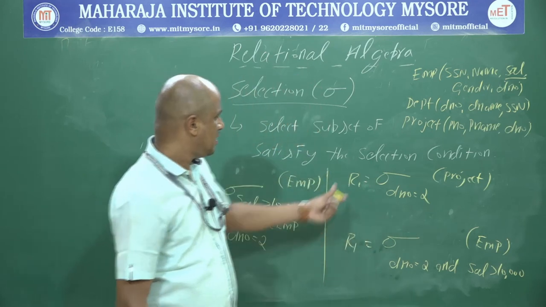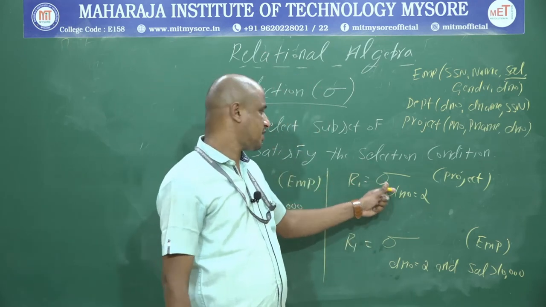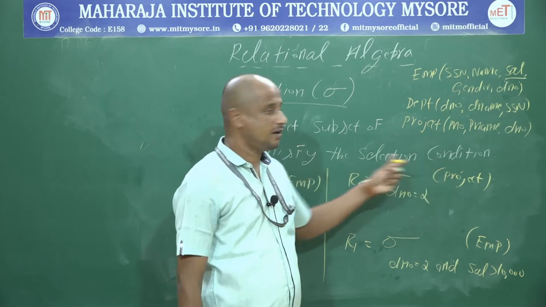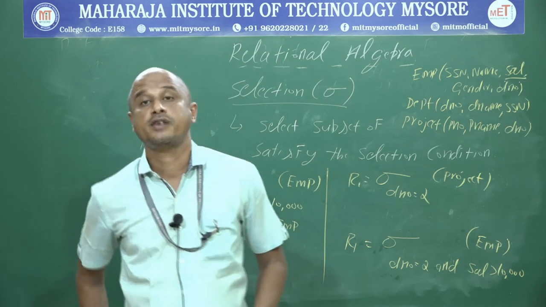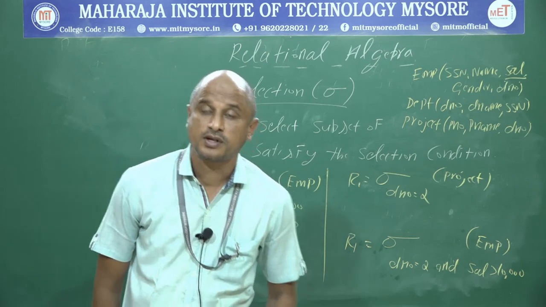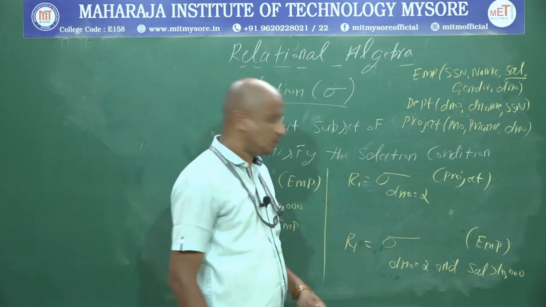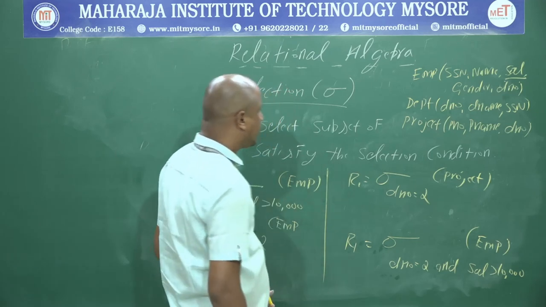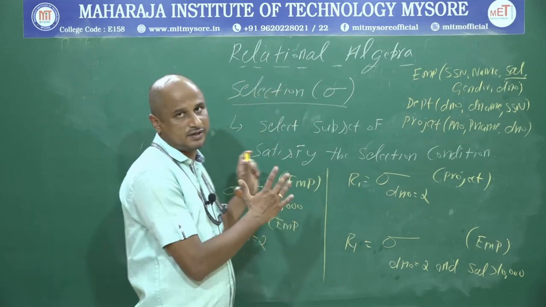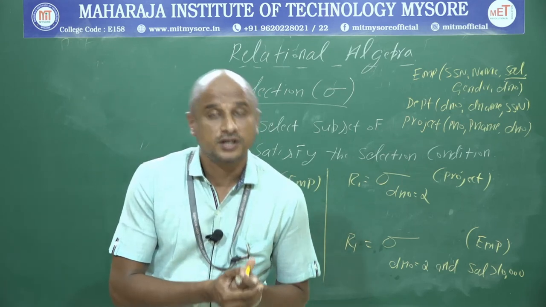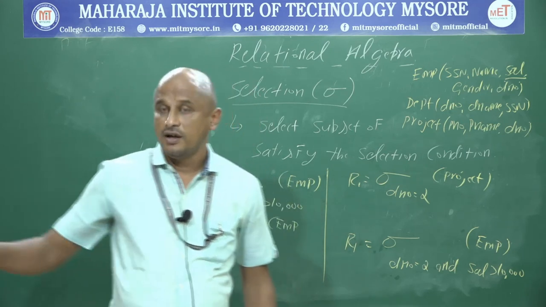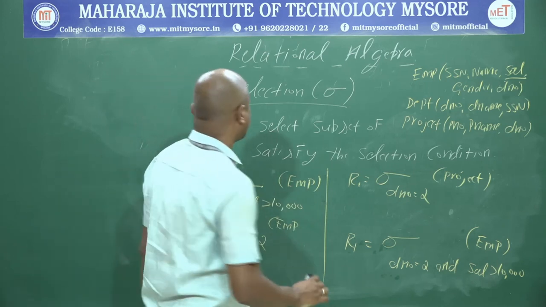With the specified selection condition, department number 2 from the project table, R1 retrieves the project details of department number 2. So this is what the selection condition speaks.